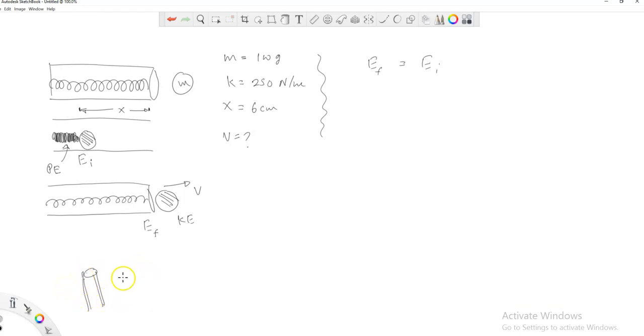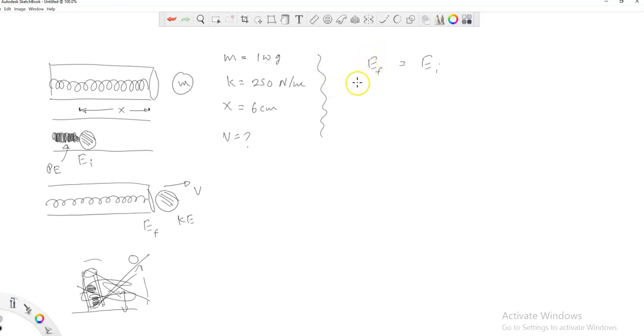Here's the compressed spring. This is the ball sitting inside. Initially, if this is the ground, it is at some height. When it leaves, it's at a different height. So there are height differences, and you have to talk about potential energy. But in this case, we don't have to involve gravitational potential energy. Okay, so going back to the problem.